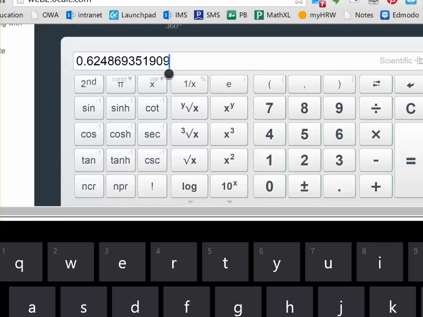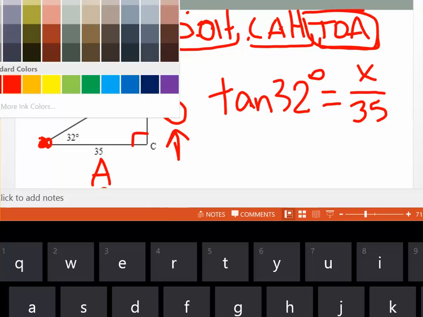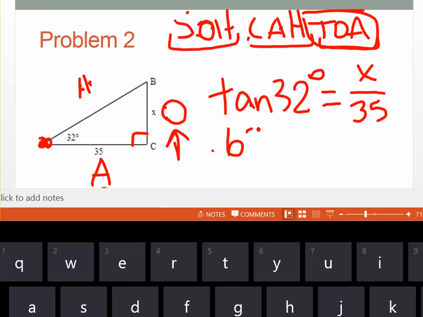So let's go back over here, and we know that this equals 0.6249. And we just got that from the calculator, and 0.6249 equals x over 35. Now, there are a couple ways you can approach this.